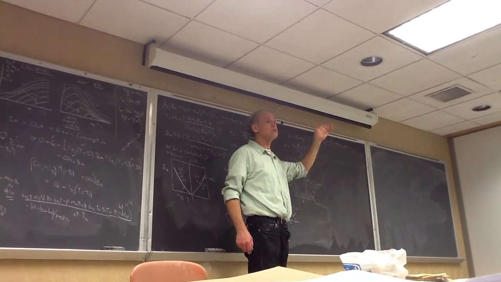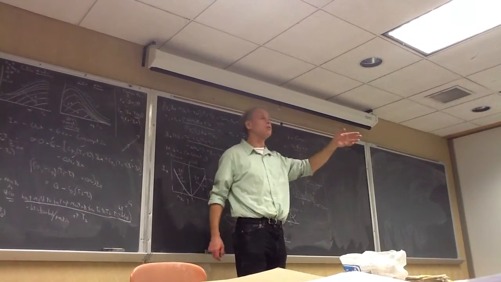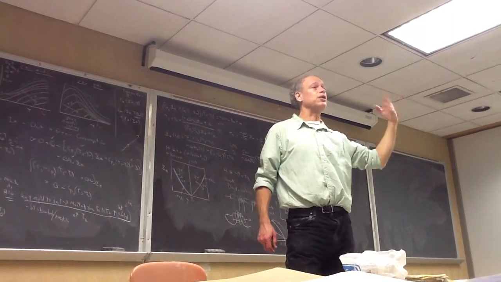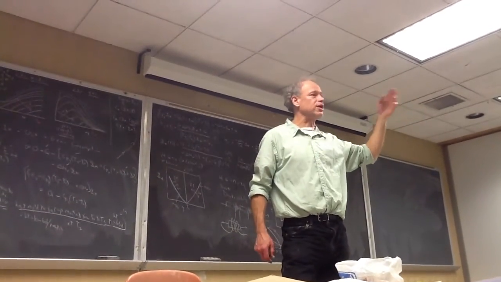So one solution that was real and positive, and X between 0 and 1. And the other solution, when we had the quadratic, was negative or imaginary or something goofy.